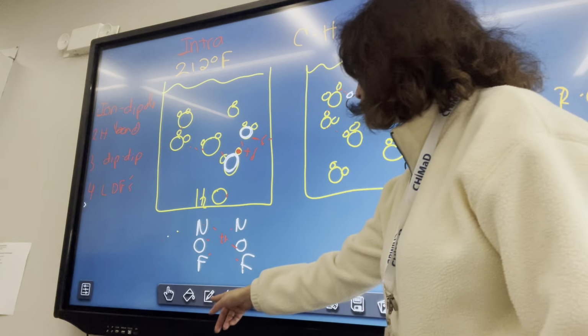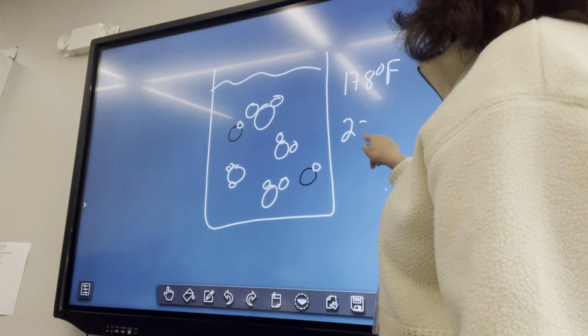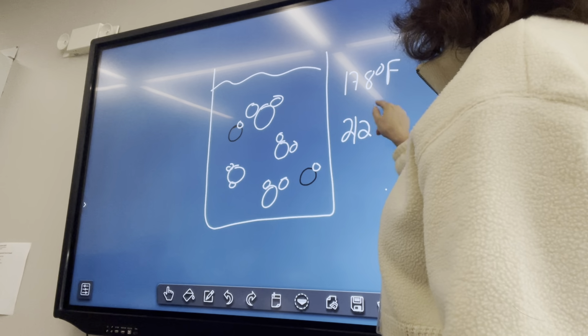Is this the same distillation though? Yeah, it's the same thing. So if we have water and we have ethanol in here, and I want to separate them, the ethanol boils at 178 degrees F, the water boils at 212 degrees F. How would you separate them?